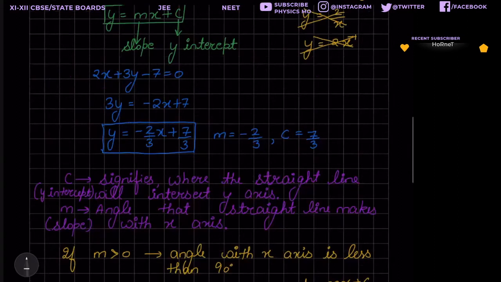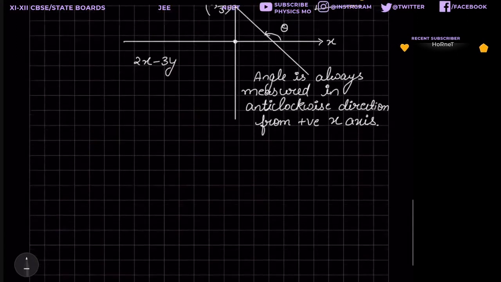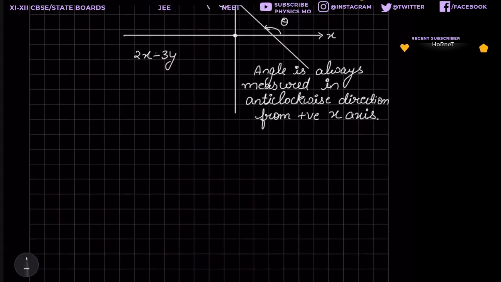It was 2x plus 3y minus 7 is equals to 0. At last what you can do is, you can put x is equals to 0 and you will get your y as y-intercept. तो यहाँ पर अगर आप x को 0 पुट करोगे तो y comes out to be 7/3, which is the value of y-intercept.